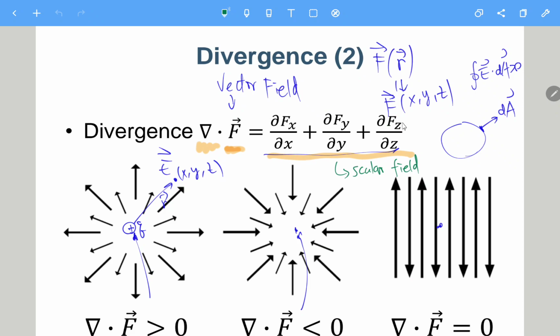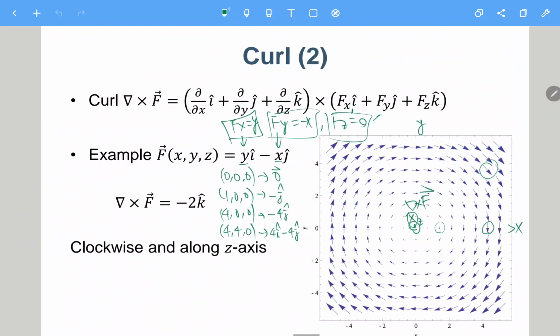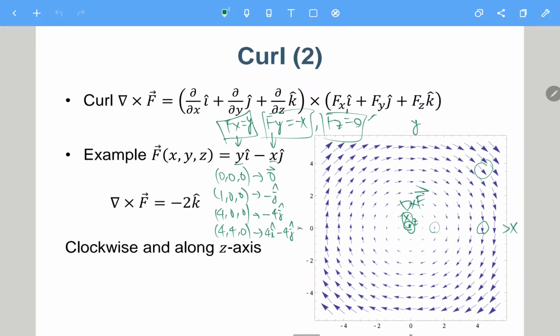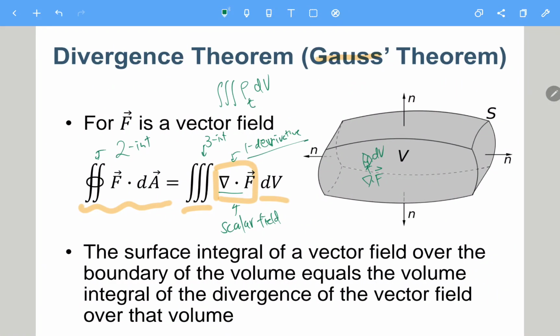So it just looks like we have one derivative to cancel with our integration. It is actually not only look like, it is a form of the fundamental theorem of calculus.